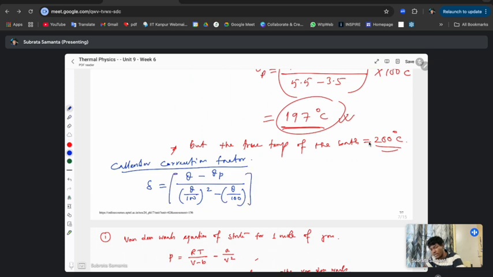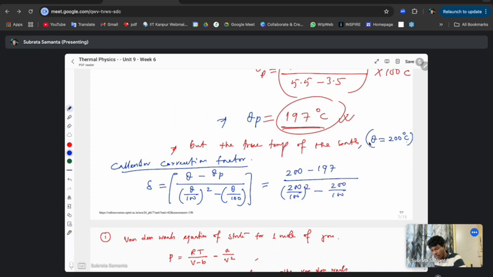Here theta is the true temperature of the bath, 200 degrees centigrade, and theta p is 197 degrees centigrade. So plug these values: 200 minus 197 over (200 over 100) squared minus 200 over 100.